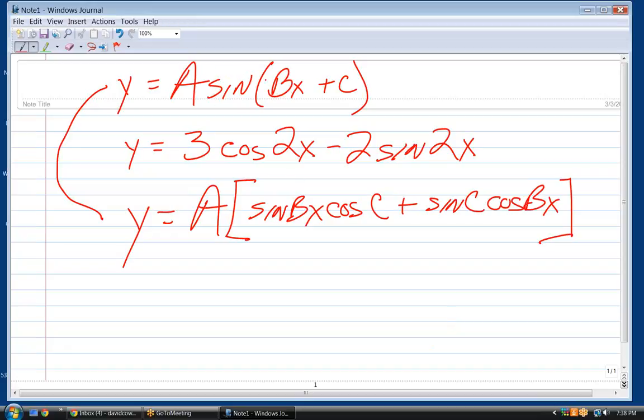Just using the sum and difference formula for that. And is that helpful?